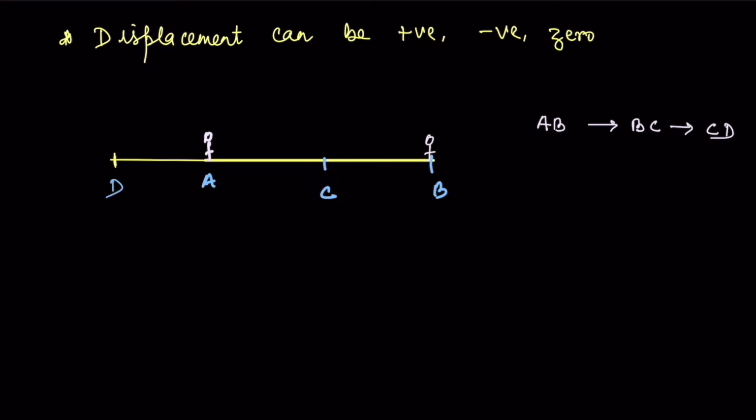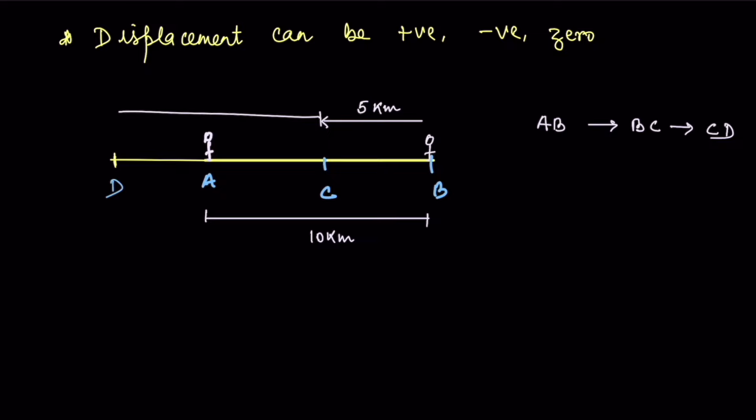So A to B distance we can consider 10 kilometer, B to C is considered 5 kilometer, and C to D is considered 10 kilometer. If a body moves from A to B, then it will become plus 10 kilometer.